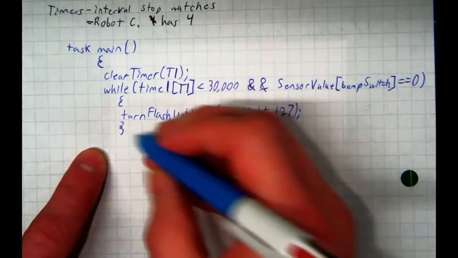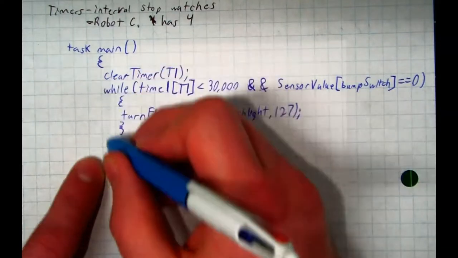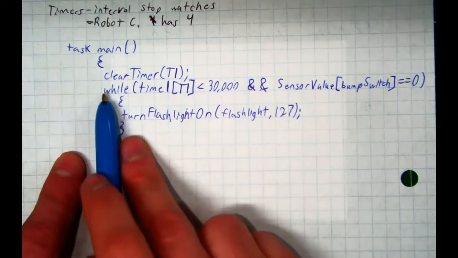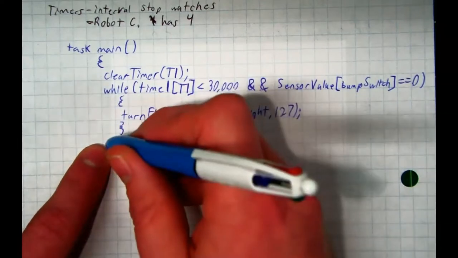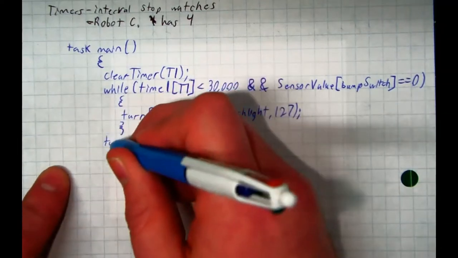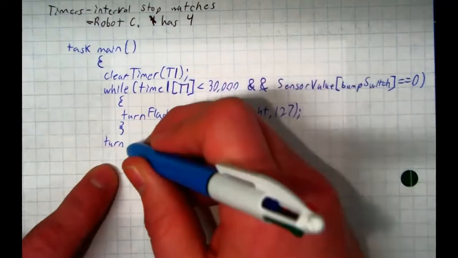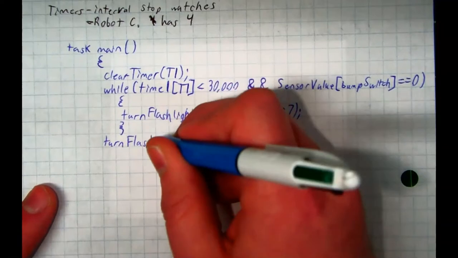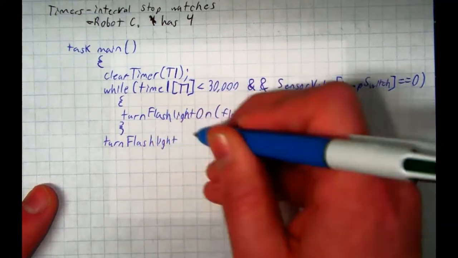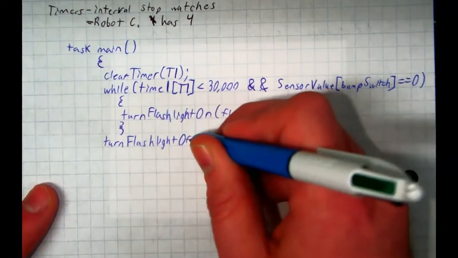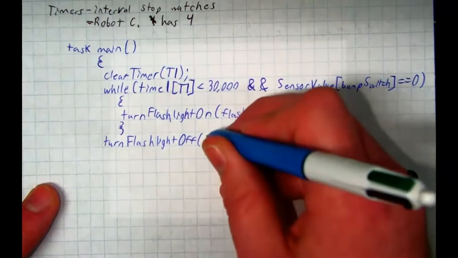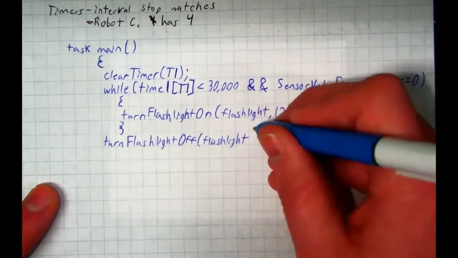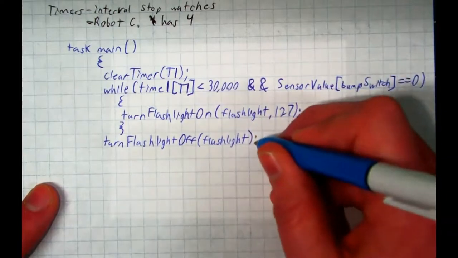And then we can close our while statement. And then underneath this, lining up with my previous while statement, notice these are indented, I'm going to go back to where my previous lines of code were. Turn the flashlight off at the end of the code. So turnFlashlightOff, parentheses, flashlight, and then close your parentheses and add another semicolon.